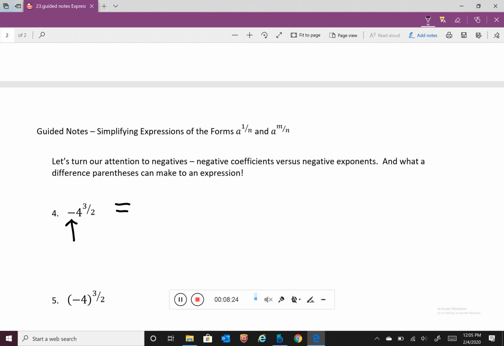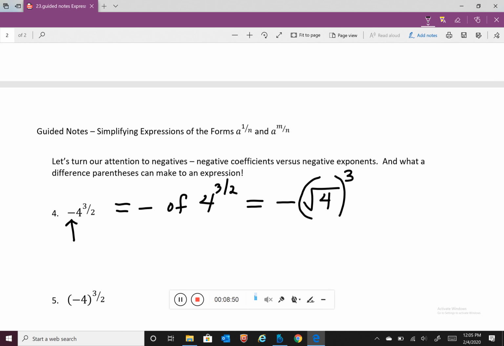So this is equal to the negative of 4 raised to the 3/2. Now our power is 3, and our root is 2. So this is equal to the negative of the square root of 4. And because the power is 3, I'm going to make my life easier by putting that 3 on the outside.